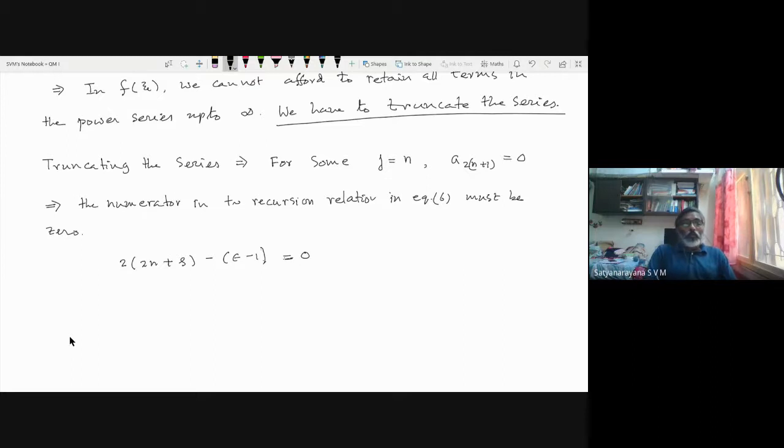In other words, epsilon minus 1 is equal to 2 times 2n plus s, or epsilon is equal to 2 times 2n plus s plus 1.